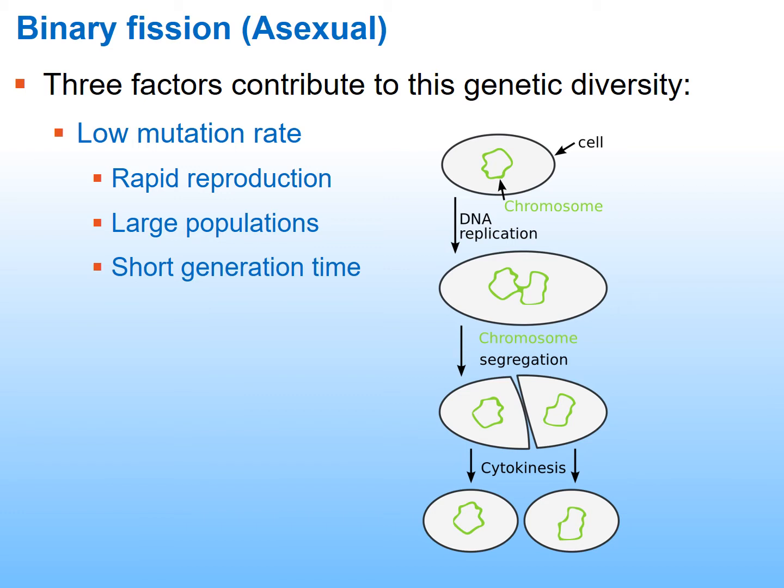Binary fission is their asexual method. It's similar to mitosis, however it's a lot simpler, because you're dealing with cells that do not have a whole lot of internal components, so there's not a whole lot that needs to be duplicated.